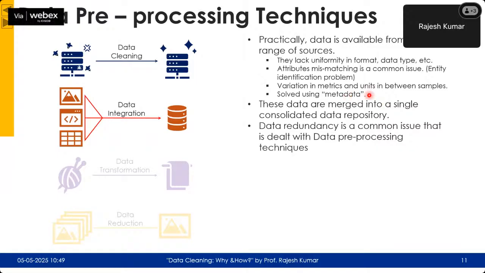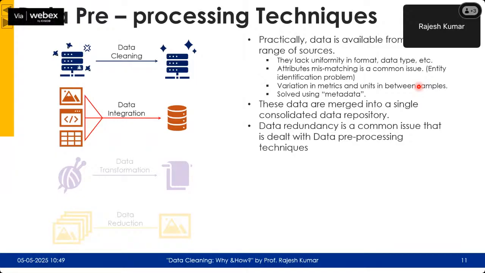There may be variations in the metric units. For example, one of the attributes is distance. Somebody gives you the input in terms of kilometers, somebody writes 1, and then 1.1, and another person puts the values in terms of meters.